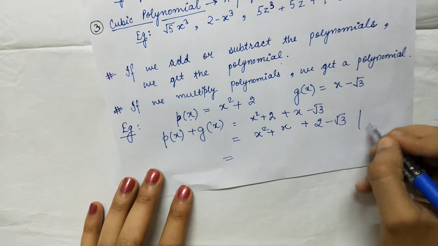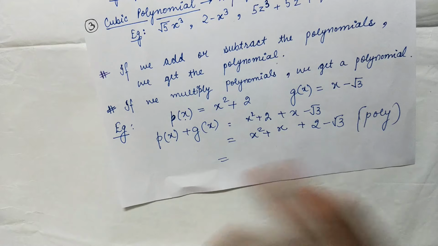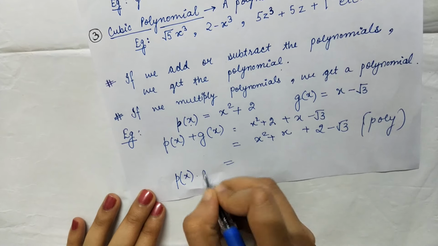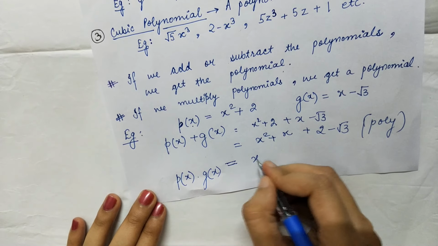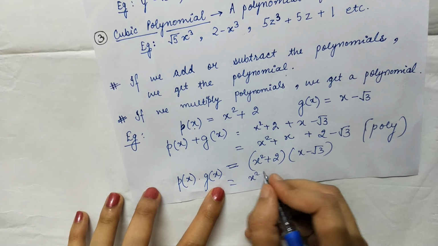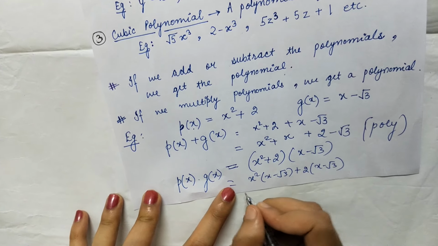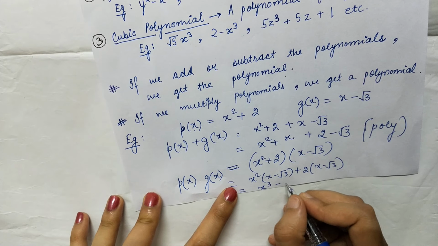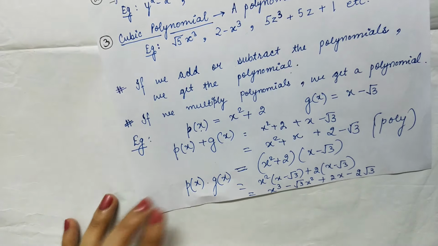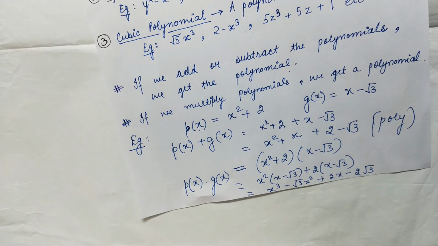This is a polynomial. You can take any example. And when we multiply polynomials, we get a polynomial. We take these two polynomials and multiply them, and we get a polynomial. So when we add, subtract or multiply polynomials, we get a polynomial.